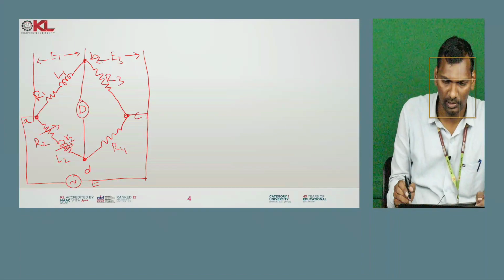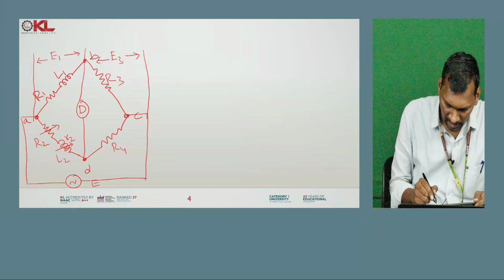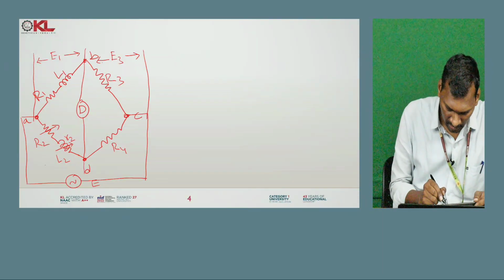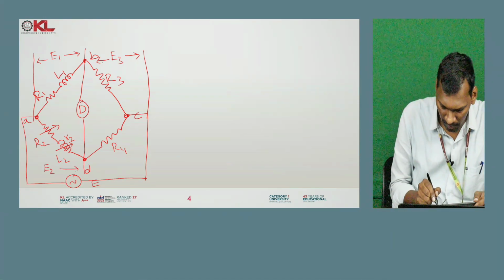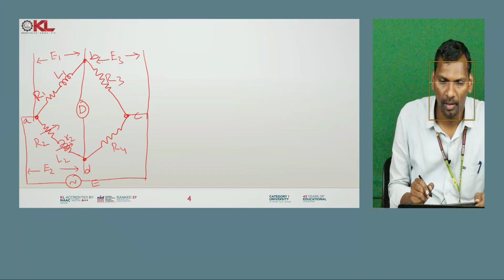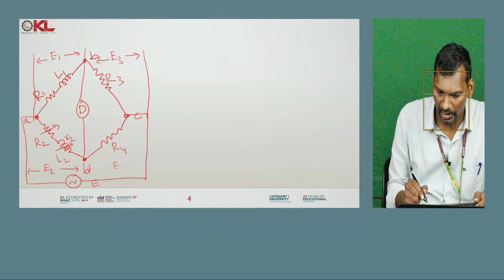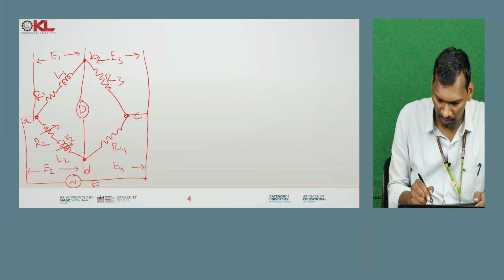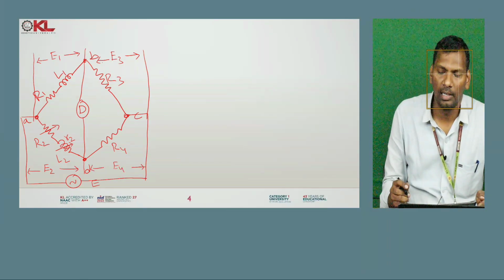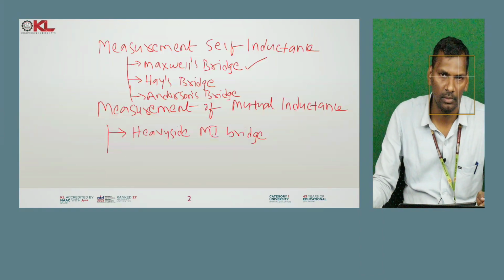Let us consider like that, and the voltage across the terminals A and D is E2, and the voltage across the terminals D and C is E4. Let us consider like that.